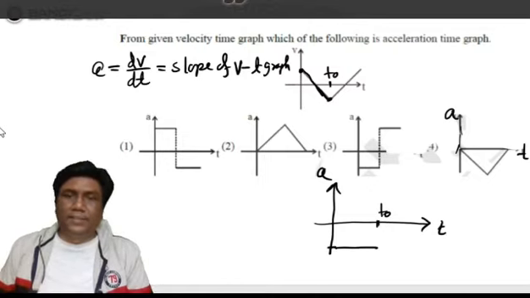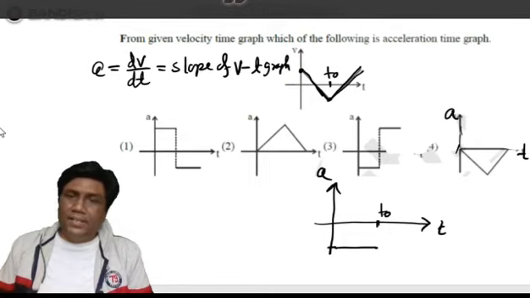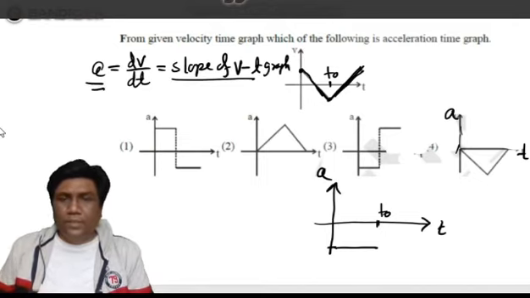Then from t naught onwards, again this slope is positive. If the slope is positive, so acceleration also will be positive only. And again it is constant, so here the acceleration will be like this. Constant.